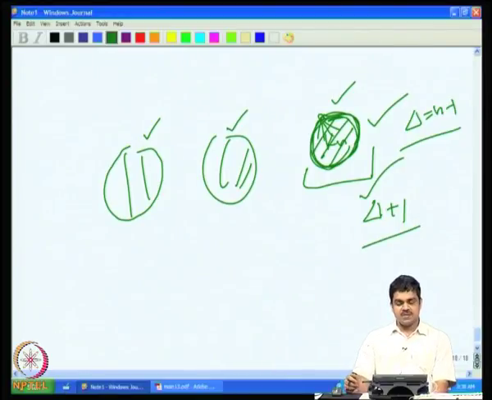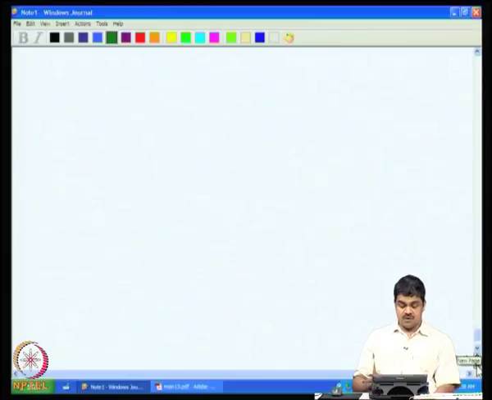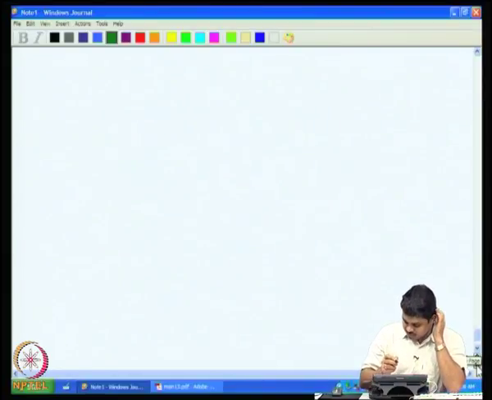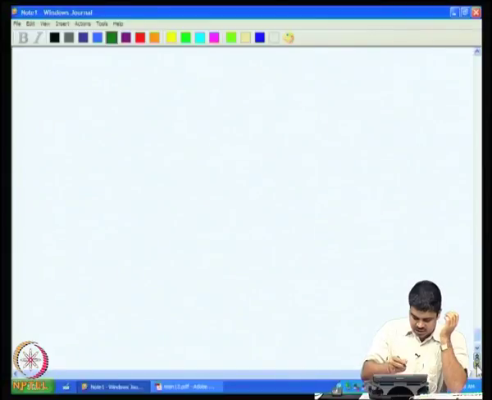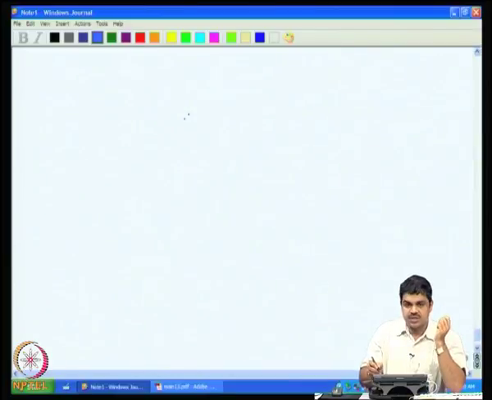Let us say that we are only interested in connected graphs, because if there are several connected components, each connected component can be colored separately without worrying about the other parts. So we will just say that the odd cycles and complete graphs are examples where you need delta plus 1 colors when we consider only connected components.